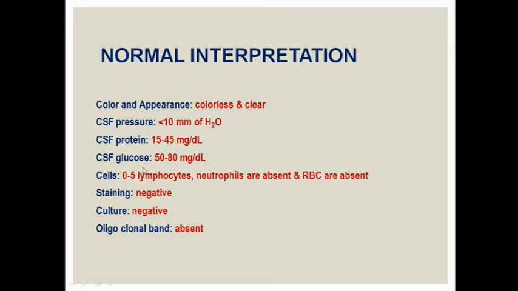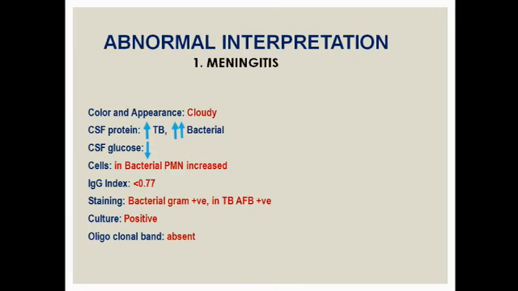Neutrophils are normally absent, and the RBCs, note this important point, neutrophils and RBCs are absent in the CSF fluid, but it may have 0 to 5 lymphocytes. Whenever we subject the normal CSF to Gram staining, there should not be any bacteria, so it will be negative. If we subject it to culture, again it should be negative, and oligoclonal bands are going to be absent in normal CSF fluid.